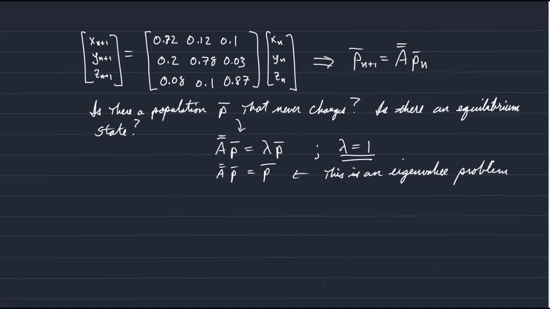And we can ask what that steady state population is, if we in fact find that there is an eigenvalue equal to 1. So first we have to solve for the eigenvalues of P, I should say, sorry, not P, of A.